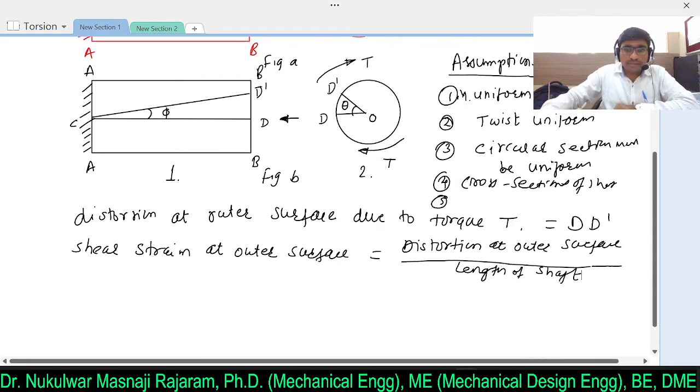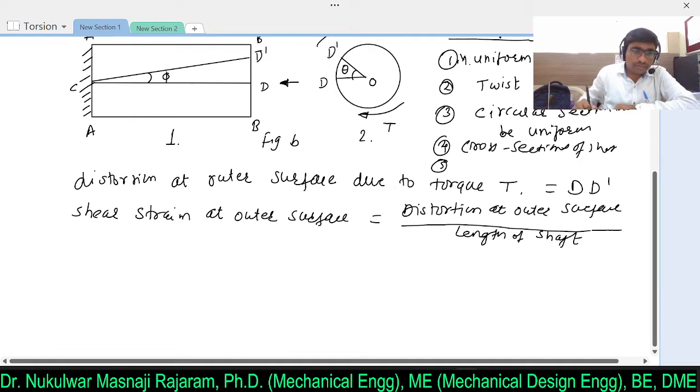Clear? If there were a simple tensile test, what was there?